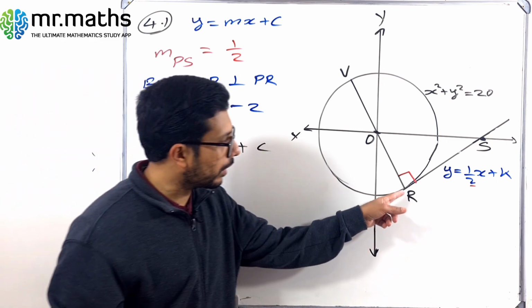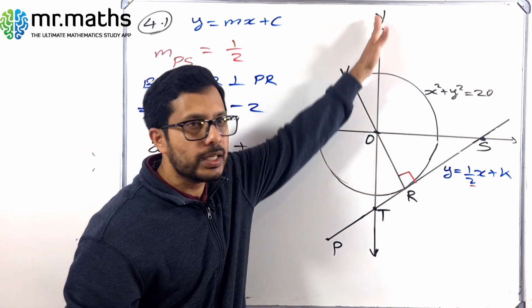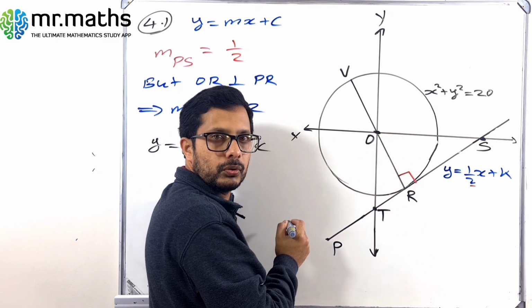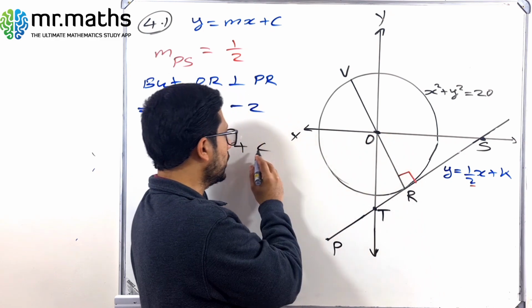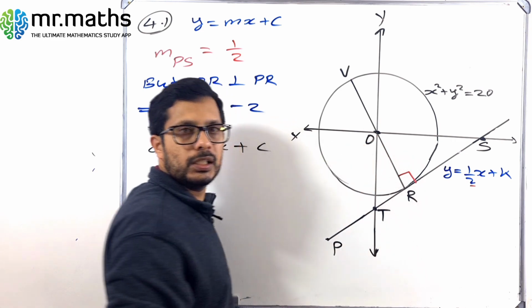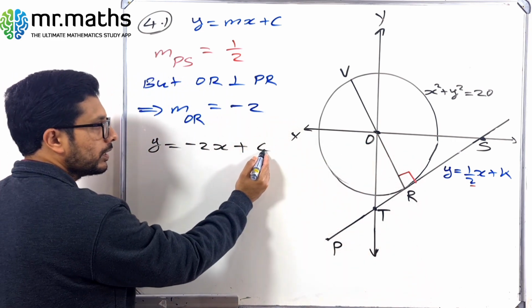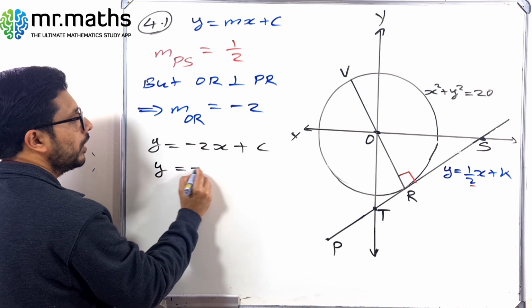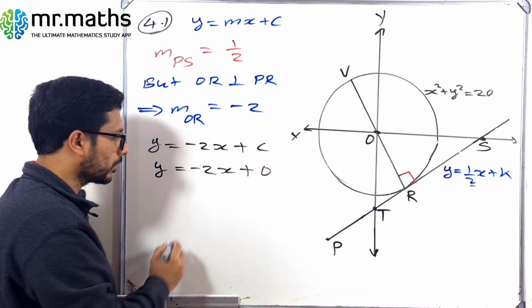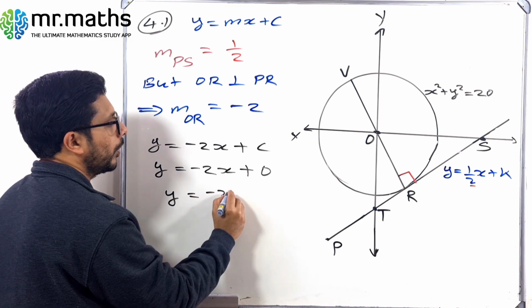So look at this line OR. This is the y-axis. So where is it intersecting? At 0. So the y-intercept, this c, is 0. So y is equal to minus 2x plus 0. What is minus 2x plus 0? y is equal to minus 2x.